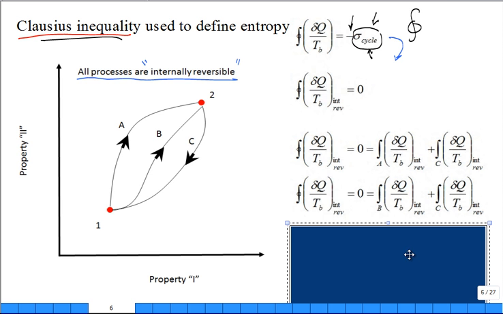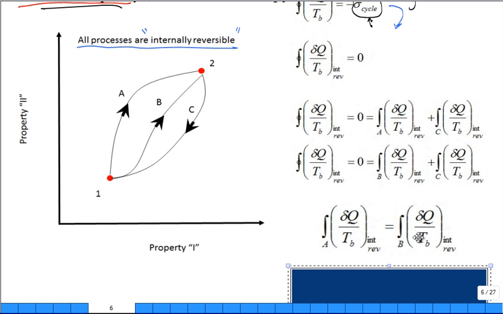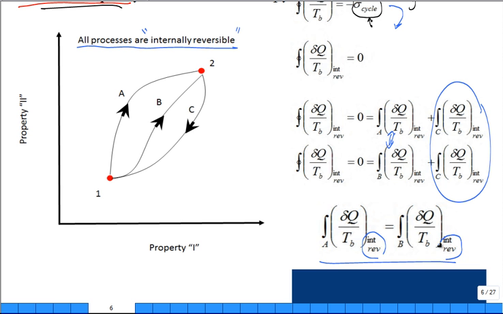It doesn't matter if it's over path A to C or B to C, it's always equal to 0. And because of that, if these two parts are the same, these two are the same, as long as you are along an internally reversible path from 1 to 2 along path A or along path B.